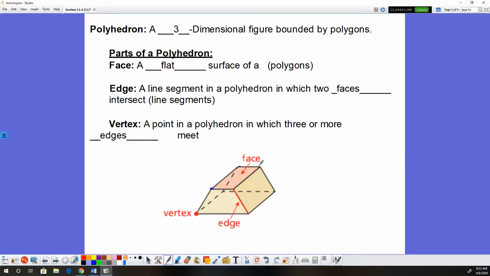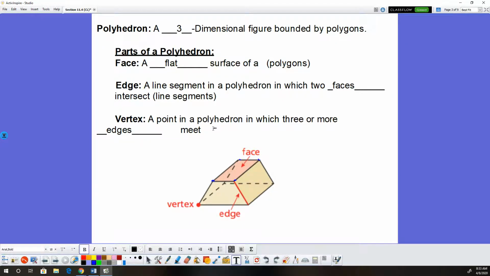This would be a vertex. This would be a vertex. This would be a vertex. So it's where the faces come together. But not only where the faces come together, it's where the edges come together. It's the corners, if you will. So this would be points. Bad typing skills. Okay, so you go from polygons to line segments to points.